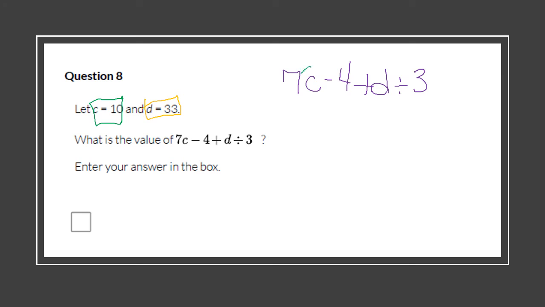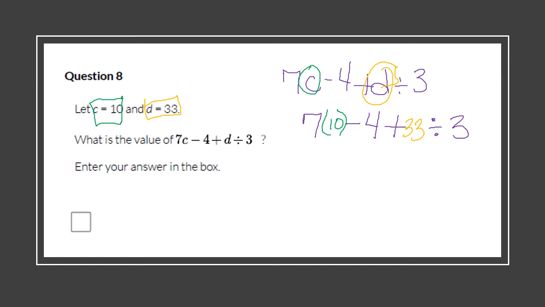So c is going to replace here, and d is going to go in there. So I'm just rewriting the problem, substituting those values in. c is 10, and d is 33.